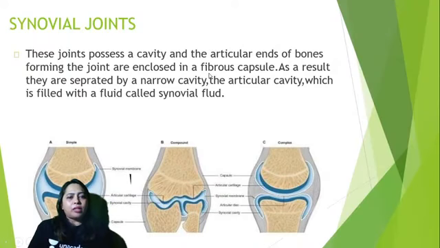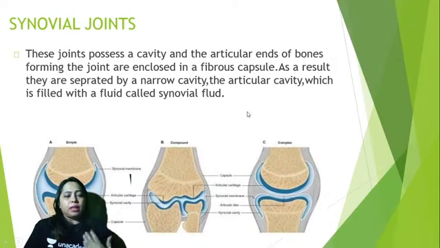And this joint has an enclosed structure, known as the fibrous capsule. The fibrous capsule encloses the joint cavity, and within the joint cavity there is a lining of membrane, and then you have the synovial fluid that is secreted.